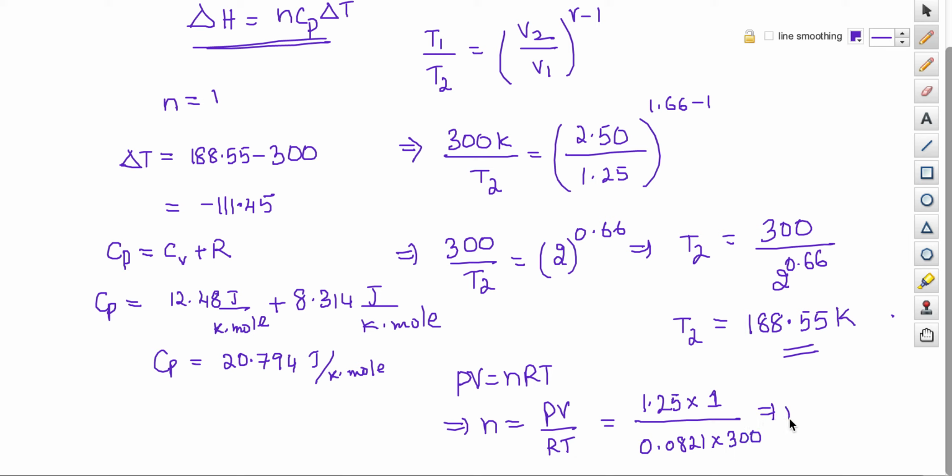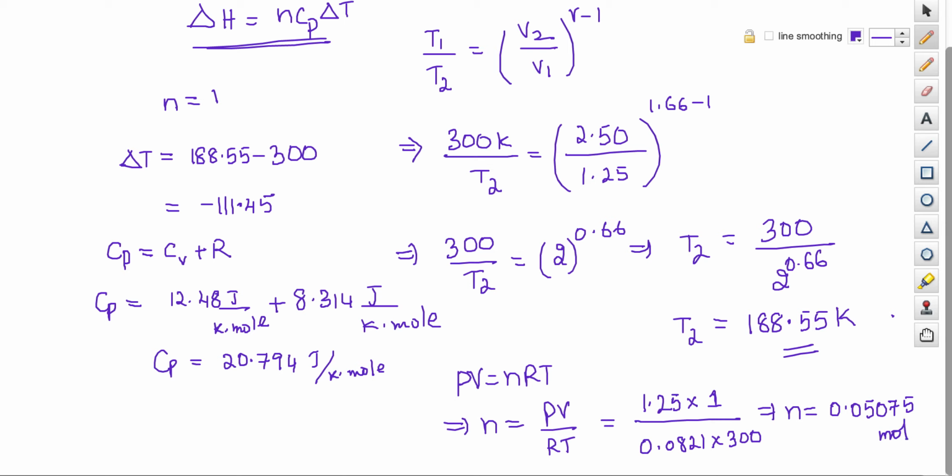So now we get n equal to, if we do the maths for this, 1.25 divided by 0.0821 times 300, that will be 0.05075 moles. So this is the number of moles.